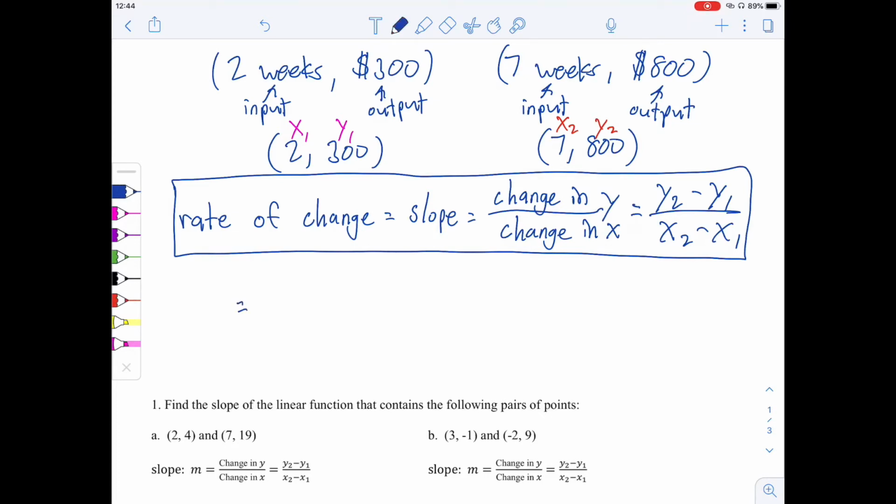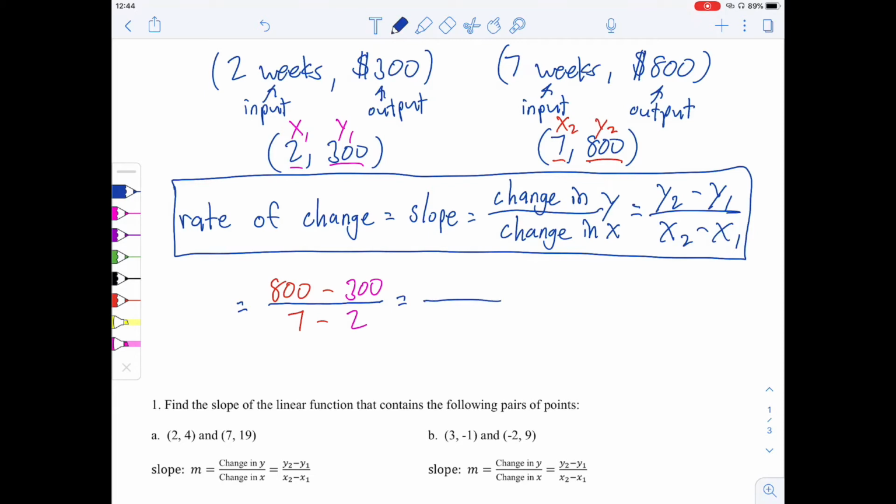So our rate of change: y2 is 800, minus our y1, which is 300. The difference in money, 800 minus 300. And then we have x2, which is 7 weeks, minus our x1, which is 2 weeks.